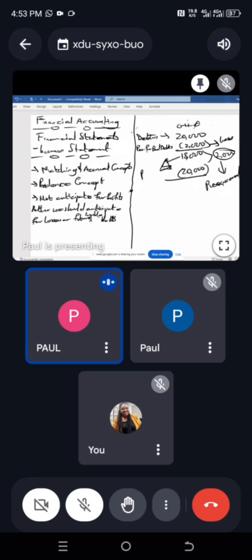Do you understand? Yes. So the prudence concept is trying to make you wise in terms of accounting. This is money that you are dealing with.